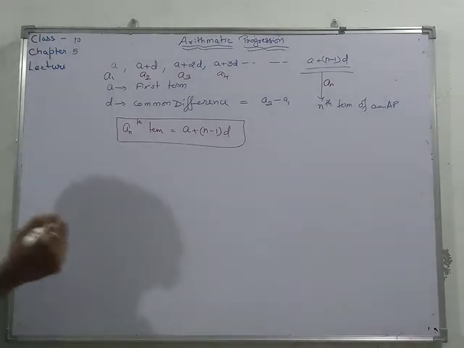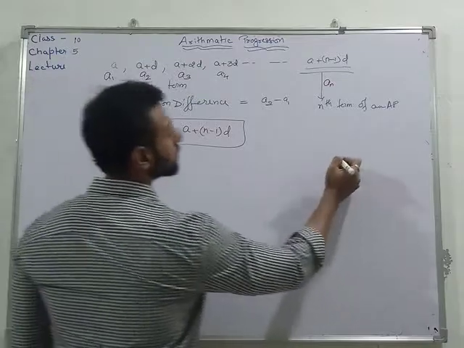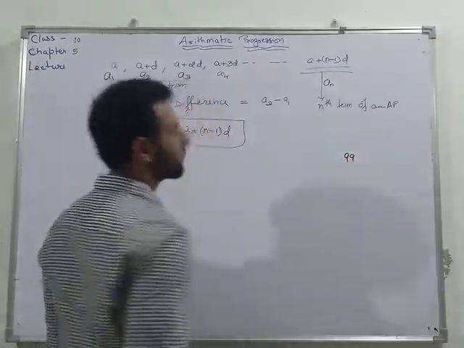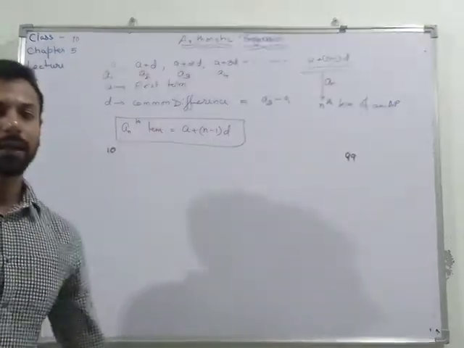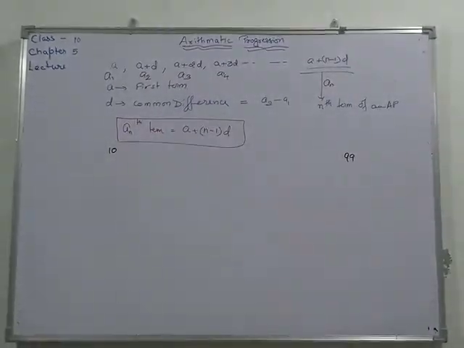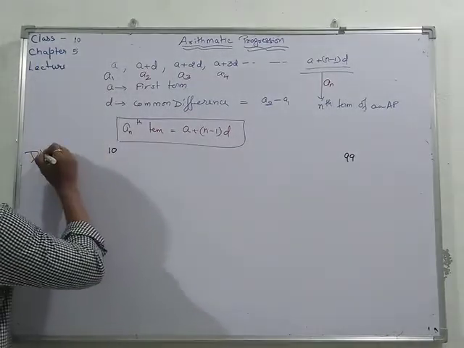Two-digit numbers start from 10 and end at 99. The question asks how many two-digit numbers are divisible by 3.